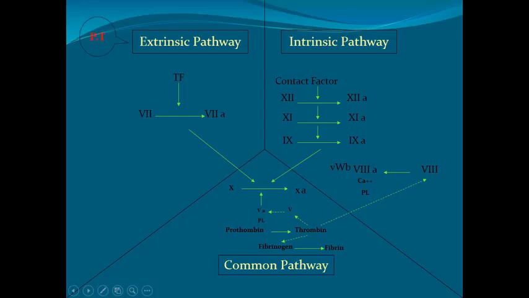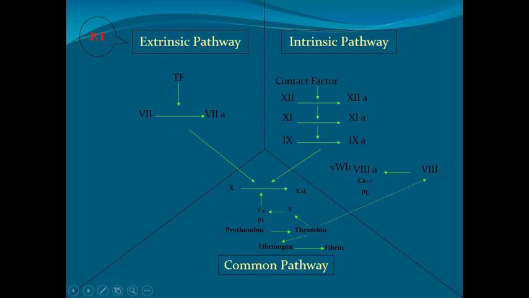While in the intrinsic pathway, there are high molecular weight kininogens, and the bradykinin causes the conversion of factor 12 to an activated form of factor 12, and factor 12 activates factor 11. Activated factor 11 causes the conversion of factor 9 into activated factor 9.